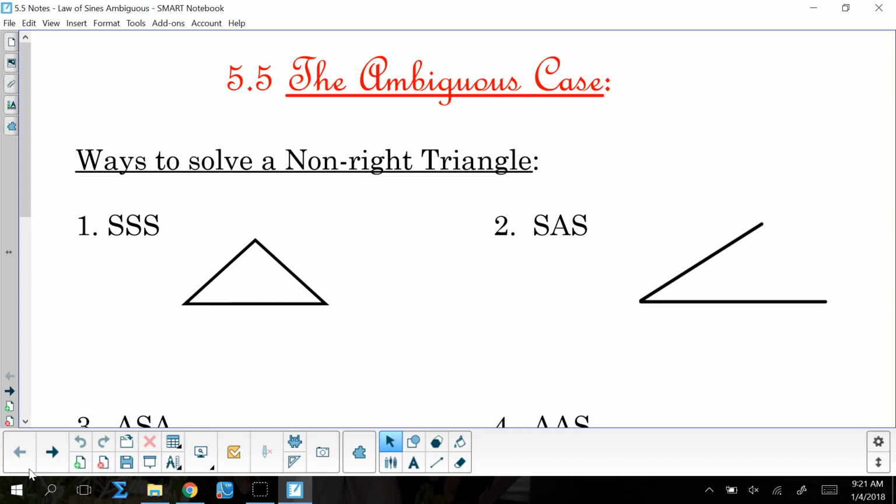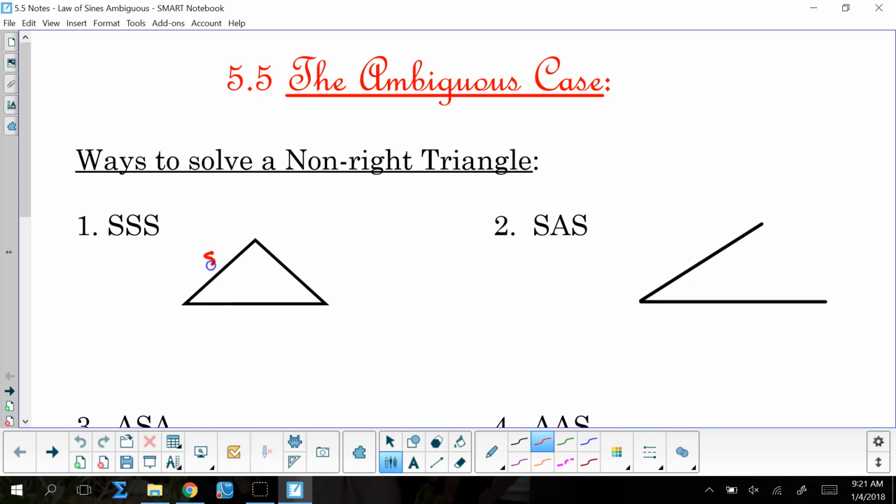We're going to go through those different ways today. That's the 27 minutes, getting through them and figuring out how you can solve those different cases and how many triangles you get from it. All right, so first off is the side, side, side case.